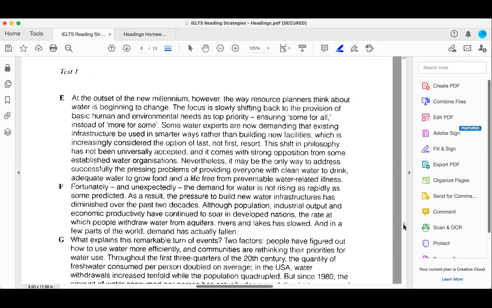What's the main sentence in F saying? What's the main idea? In F or E? In F, we did E, right? Okay, in F. Listen.